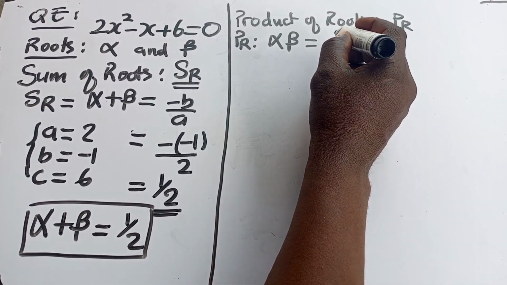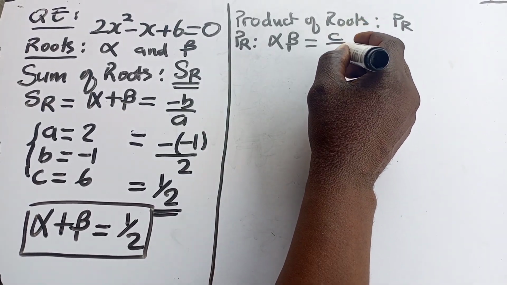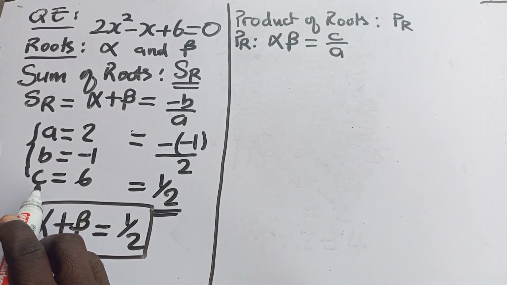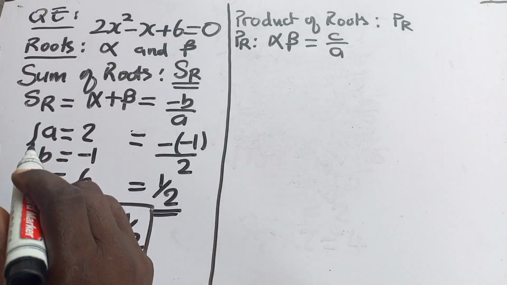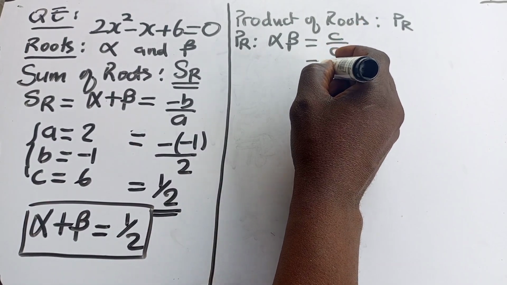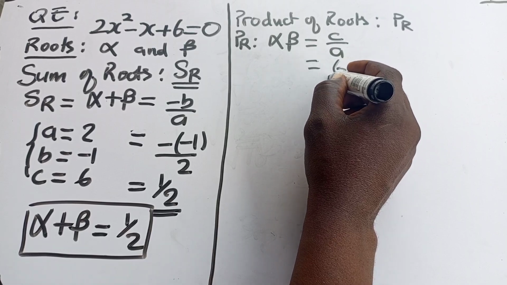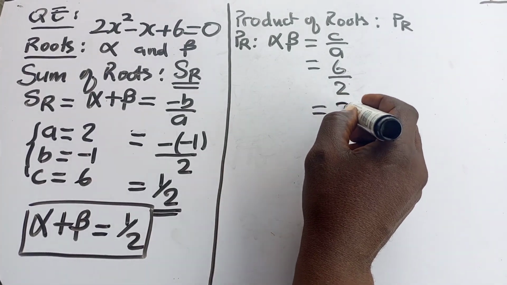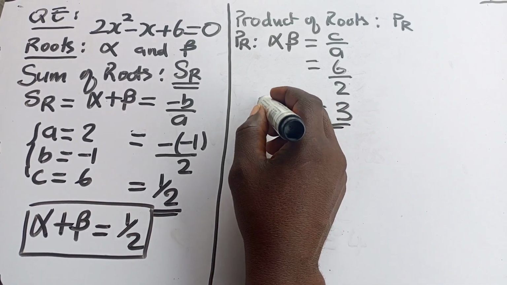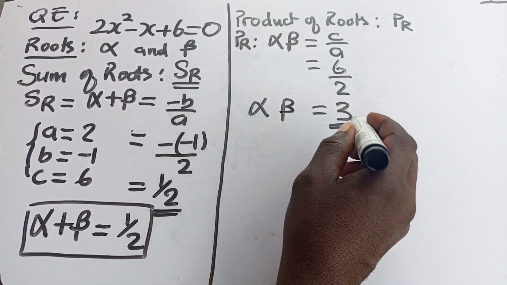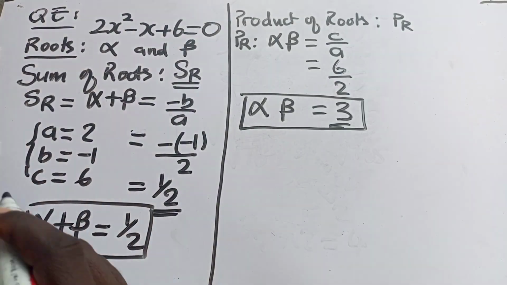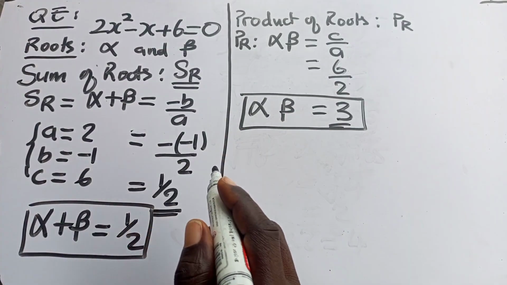That relation is C all over A. What is our C? Our C is 6 and our A is 2. And so we're going to have 6 all over 2, which is 3. And so we're saying alpha beta is 3. This is what we get for the product of roots.